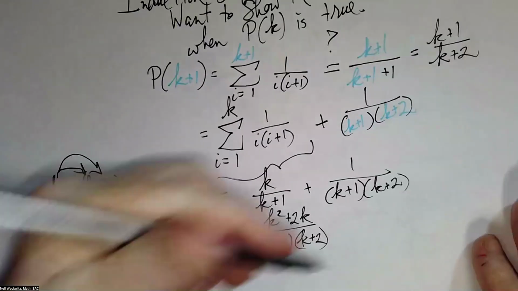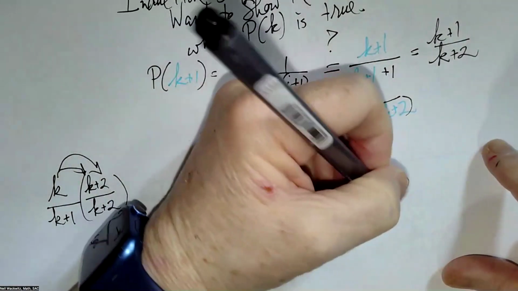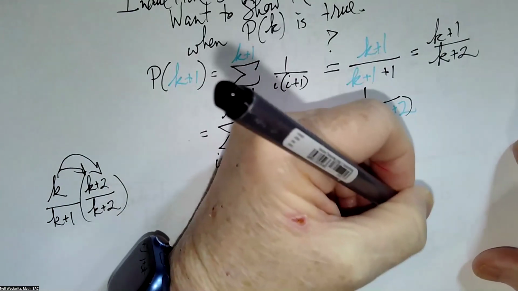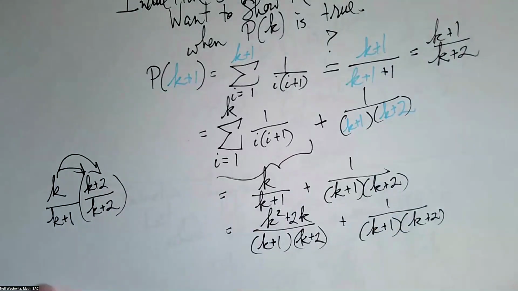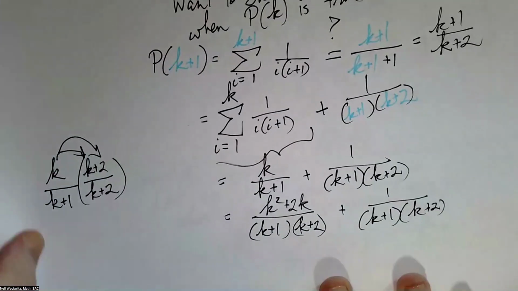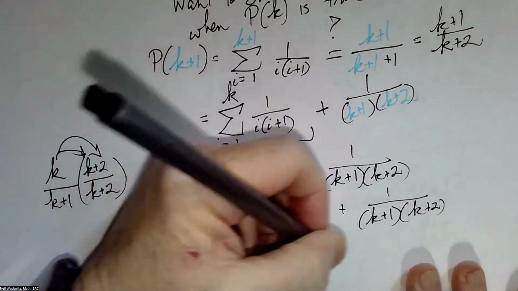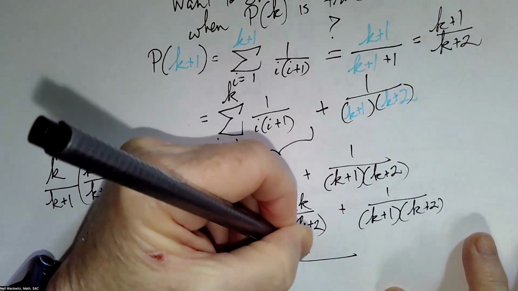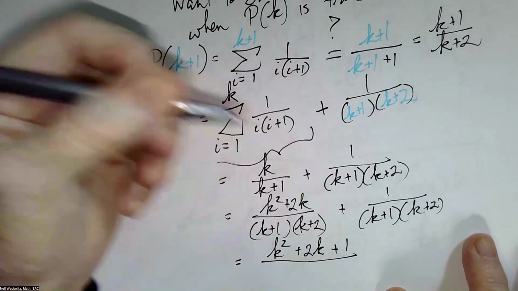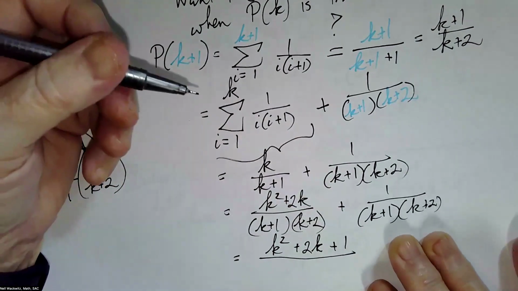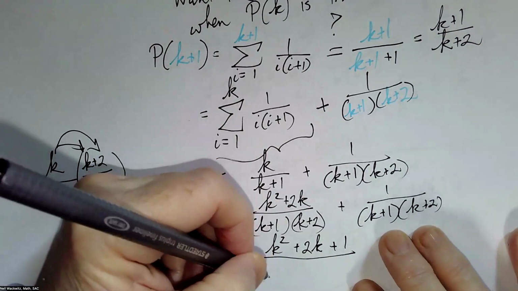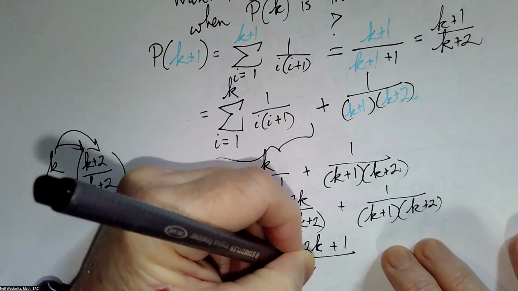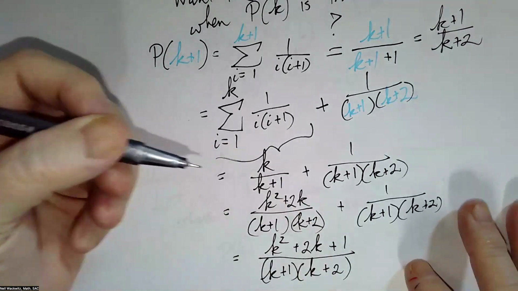Now we can add, so we've got plus 1 over K plus 1 times K plus 2. Well, this is easy now. The numerator is K squared plus 2K plus 1, and the denominator is still K plus 1 times K plus 2.